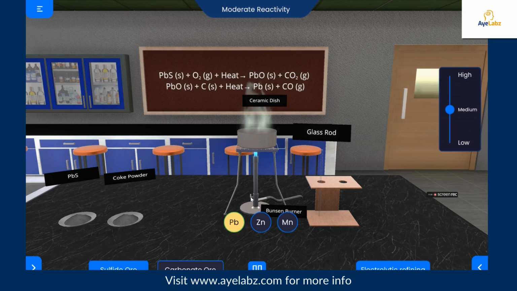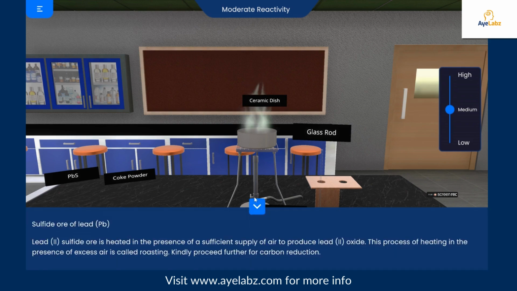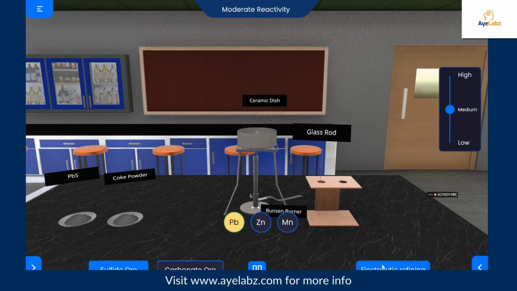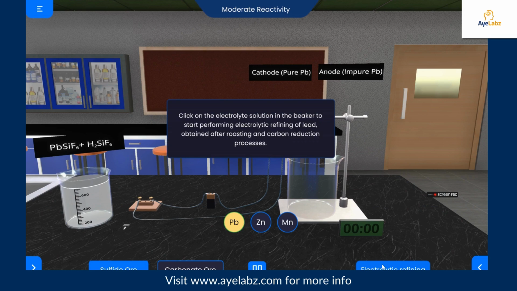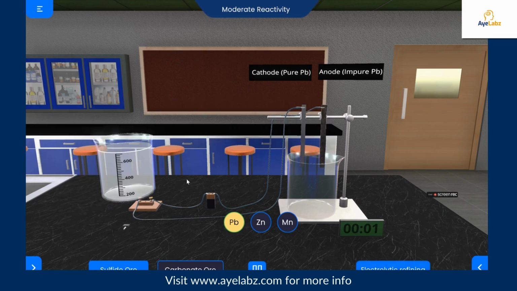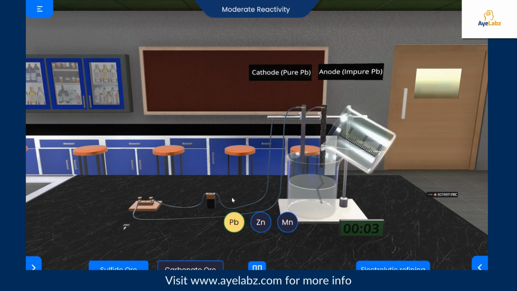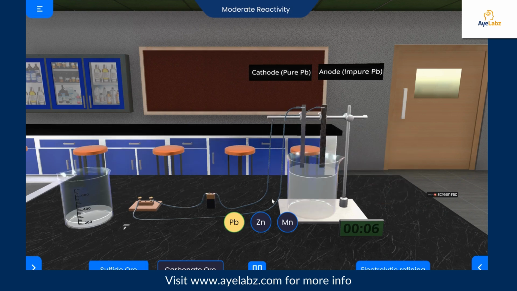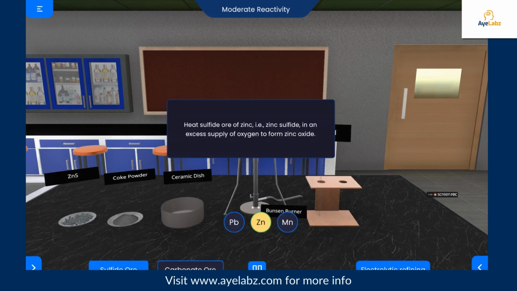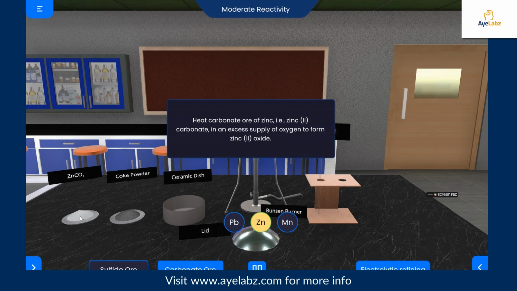As you can see, lead oxide with carbon is producing lead with carbon monoxide. Then the lead can be purified using electrolytic refining. You can proceed with a similar experiment for refining lead.